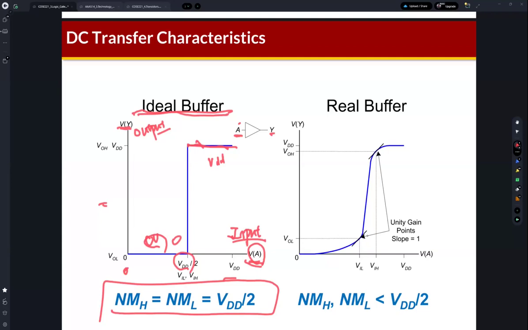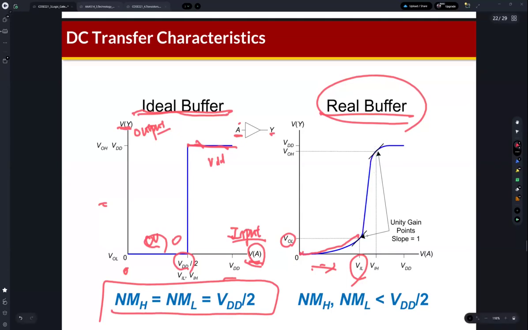So actually, this real buffer works like this. If the input voltage level increases, then the output voltage slightly increases, and then at this point the output voltage level increases dramatically, right? And then at this point, it's saturated, and the output level looks like this.